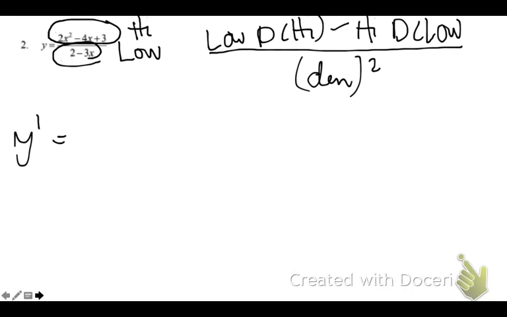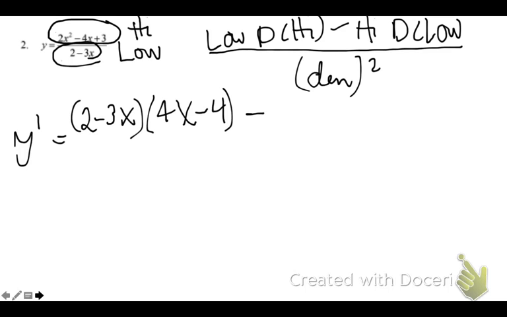All right, so let's find y prime. So low is 2 minus 3x. Derivative of the numerator, or d high, is going to be 4x, subtract 4, minus high, which is 2x squared. And notice I put parentheses because it's going to be subtract this entire piece, not just subtract 2x squared.